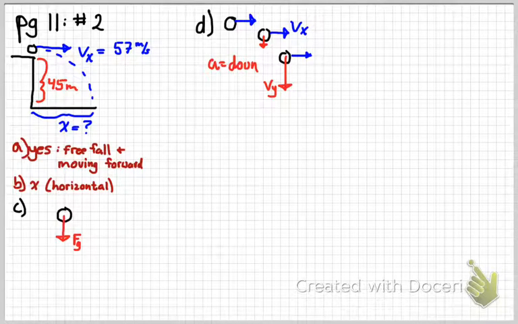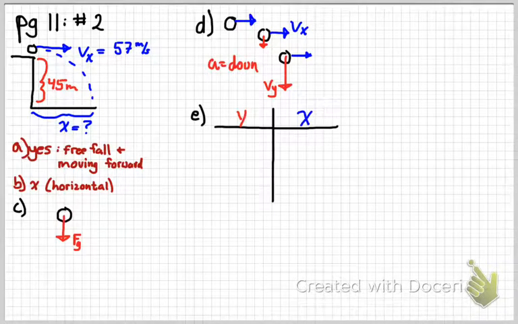When you get to part E, it's asking you to figure out the time the cannonball is in the air. Remember, we draw our table of givens by breaking it up into x and y. On the y side, you know what your initial position is, make it 0. And you've got your final height, which is 45 meters.